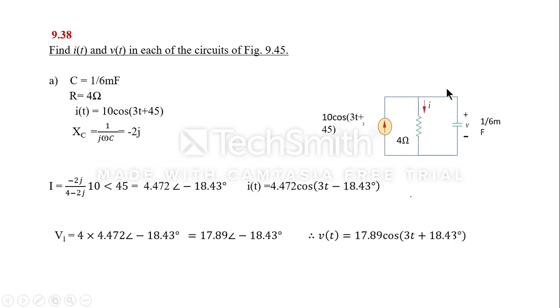Now the voltage across the capacitor can be found using 4 into 4.472 with a polar angle of minus 18.43 degree, which is equal to 17.89 with a polar angle of minus 18.43 degree. So V of t is given by 17.89 cos 3t minus 18.43 degree.